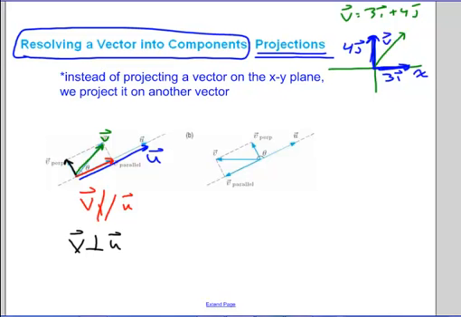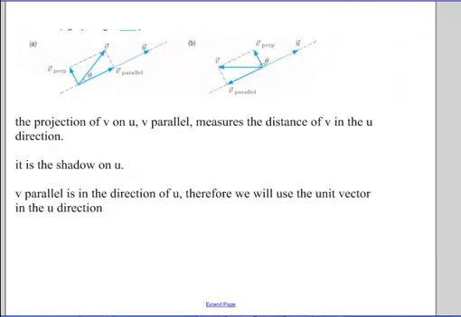All right, so this is something that we're going to be wanting to do, and we can do this using the dot product. So the projection of v on u, which we call v parallel, is measuring the distance of v that's in the u direction.